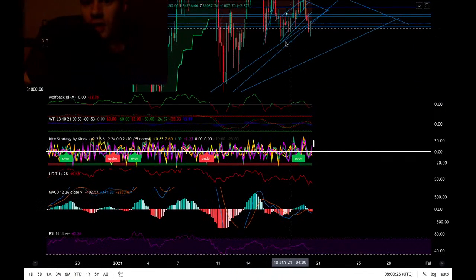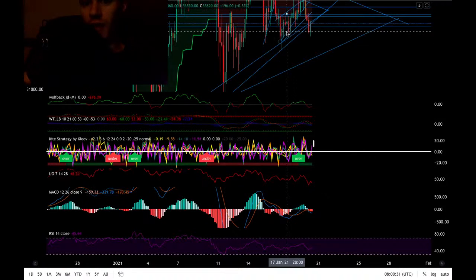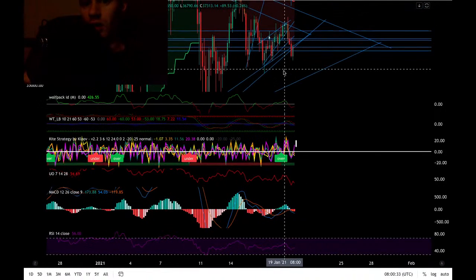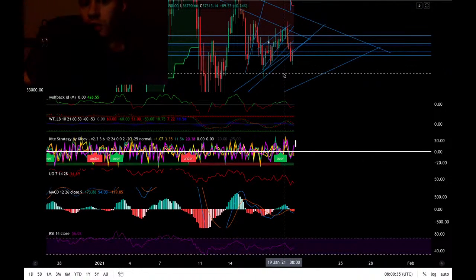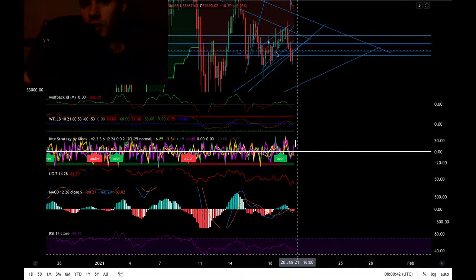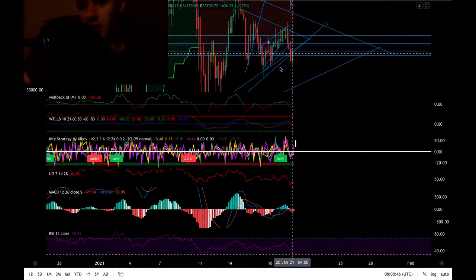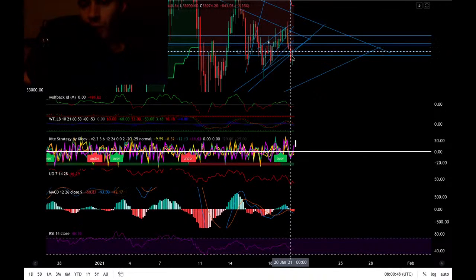Again, you see that idea right here. We broke out of the pattern, and then we went back in. Nobody on YouTube is talking about this, and I have no problem sticking my head out and saying, look, we broke this pattern right here. This is the ascending triangle, which has valid touch points, and we broke out of it.